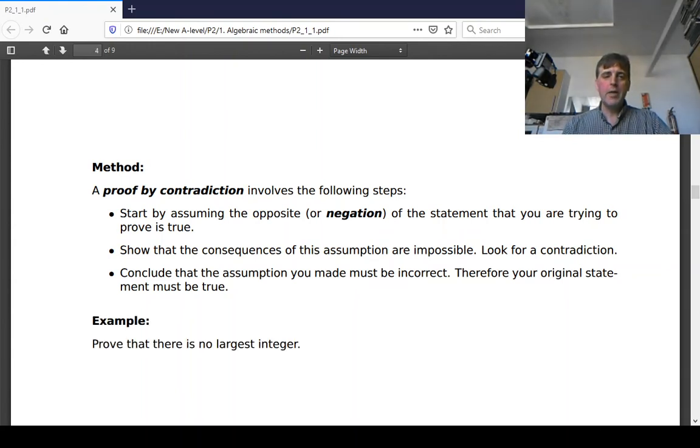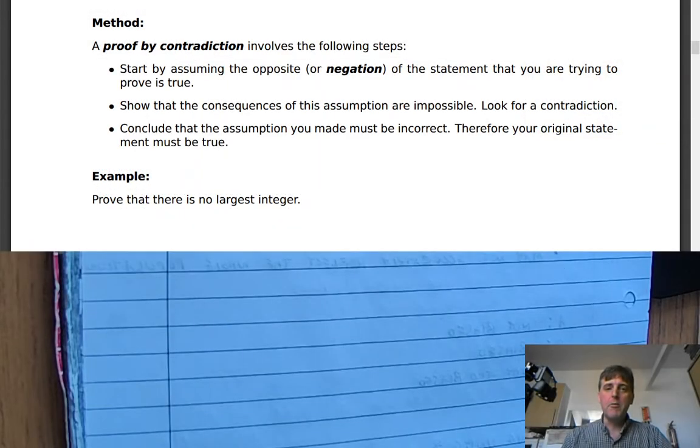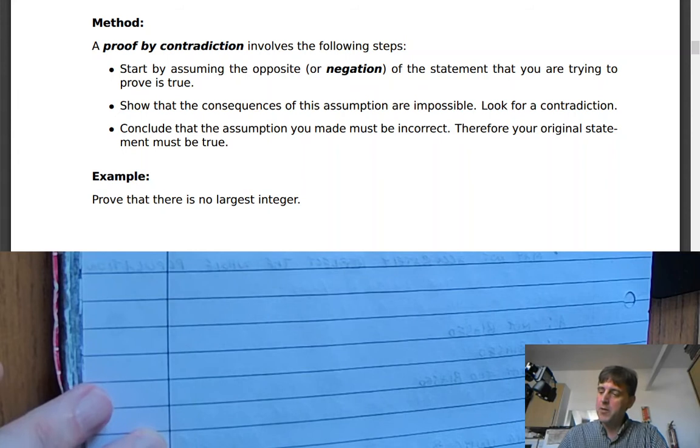So let's have a look at a more formal example now. I've left the method of how we do proofs by contradiction on the screen there, but you'll see there's an example there that we're going to prove that there is no largest integer, and we're going to use a proof by contradiction method to do this. So here's what I might write down. The first thing I'm going to do is I'm going to start by assuming the negation of the statement. So what's the negation of the statement?